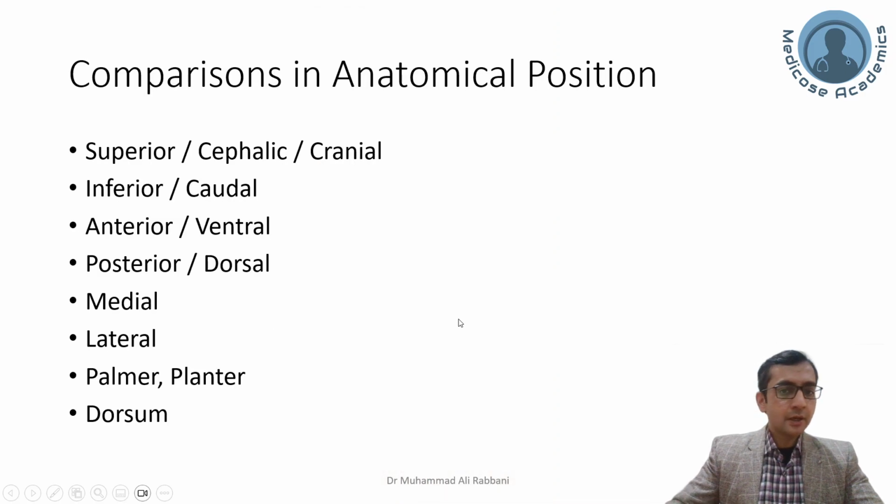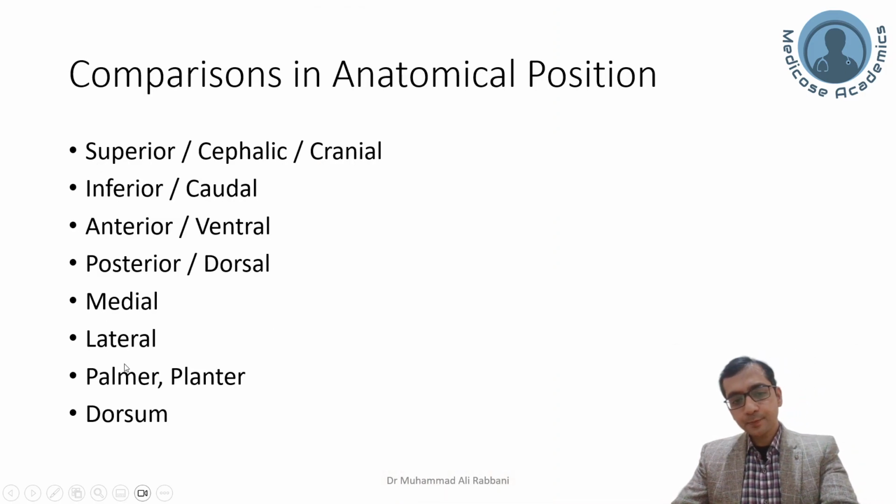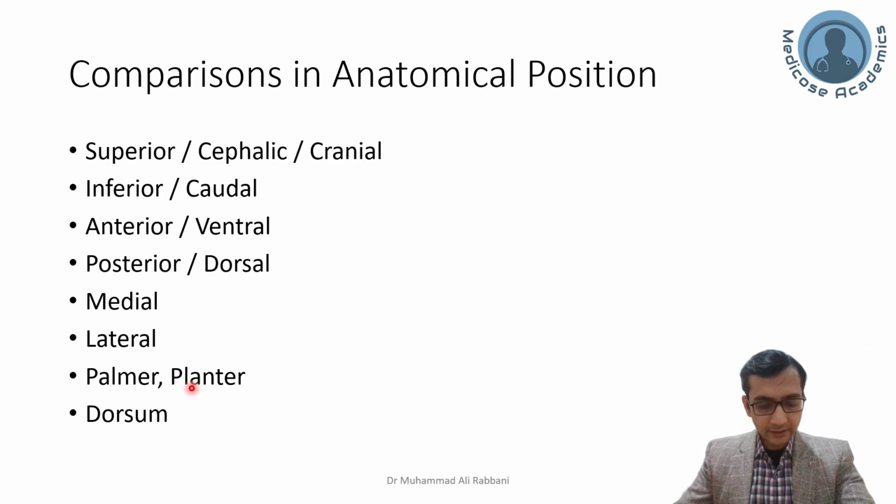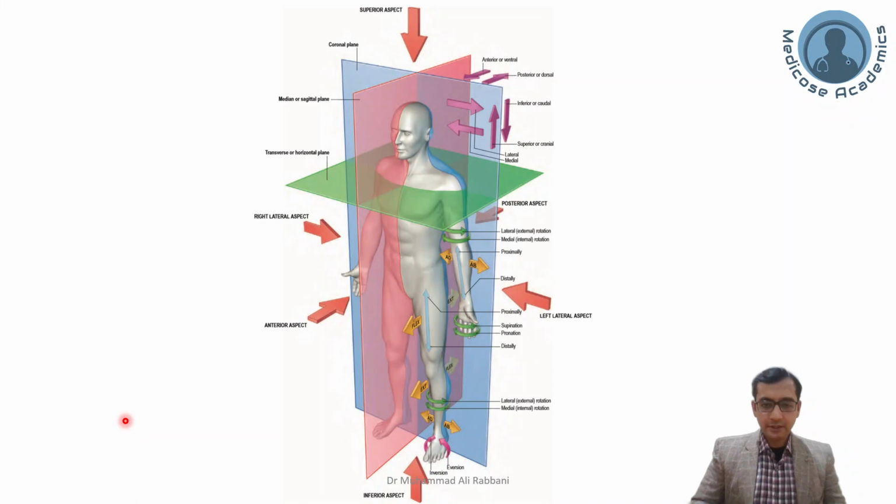Now we come to the last pair, that is palmar or plantar versus dorsal. In humans especially, the upper limbs are very mobile structures.